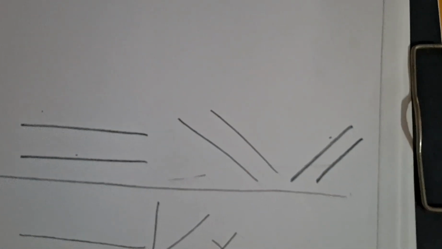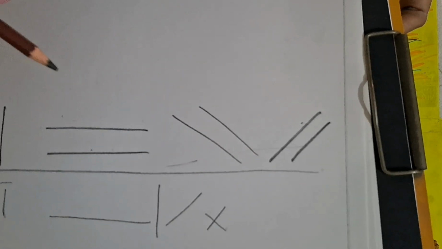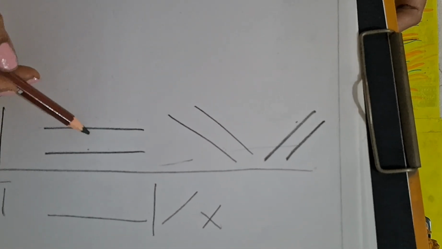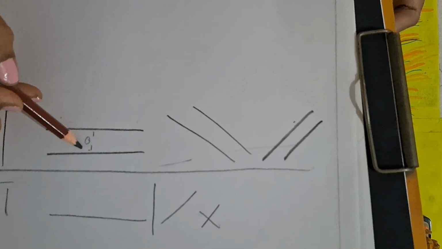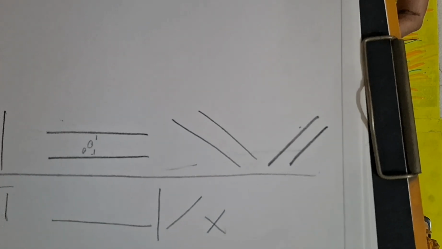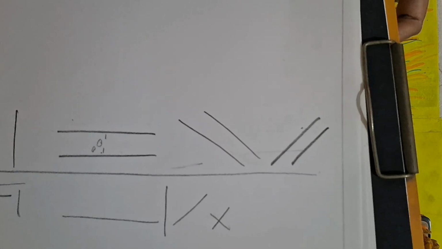You may see. What you see is that they don't meet anywhere, they have no angle. So here it is 0 degree. No angle in the parallel lines because they don't intersect anywhere.